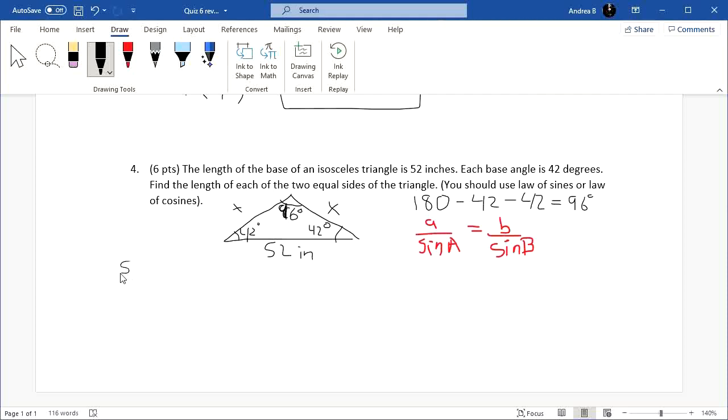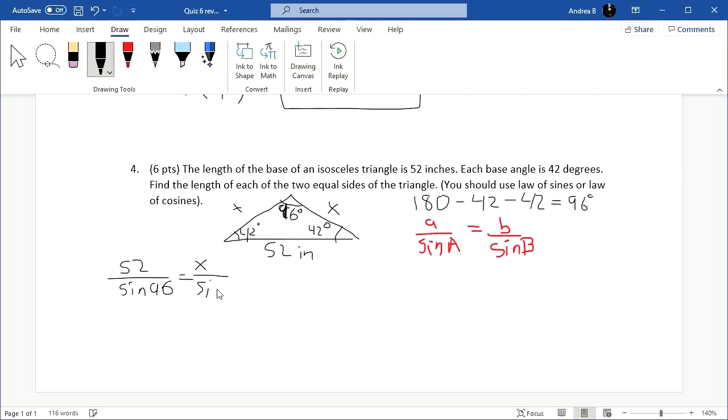So we'd have 52 over sine of 96 degrees equals, and then do a similar thing on the other side here. And it doesn't matter which one you pick because these are opposite of the same because it is an isosceles triangle. So you'd have x over sine of 42 degrees.